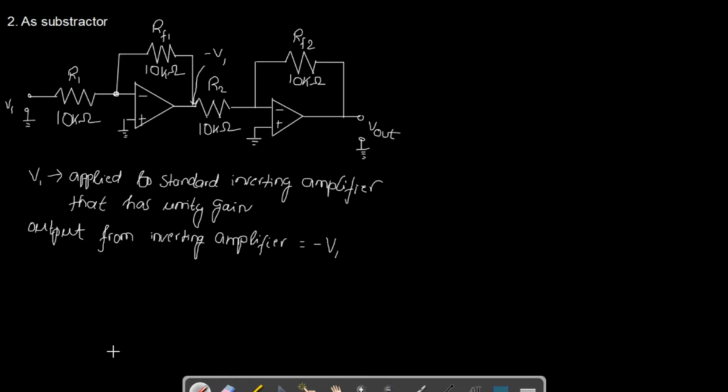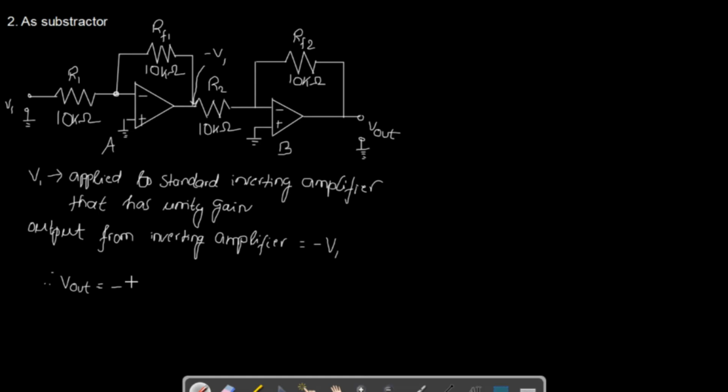Now if we want to take the output, this output is basically applied to the amplifier. So this is an input, so V out is equal to, let's say these are the two amplifiers. Let's say this is op amp A and this is the second op amp B. The output is again going to be negative because you are applying it to the inverting terminal.